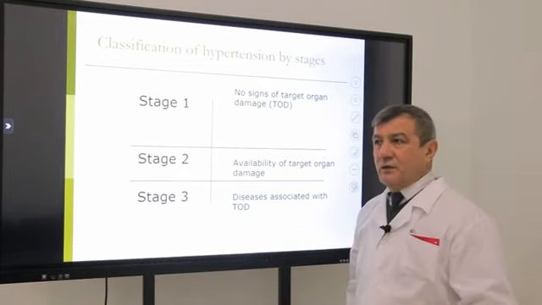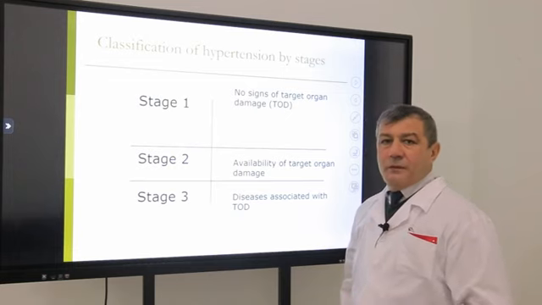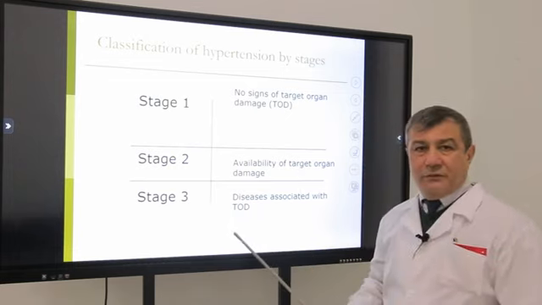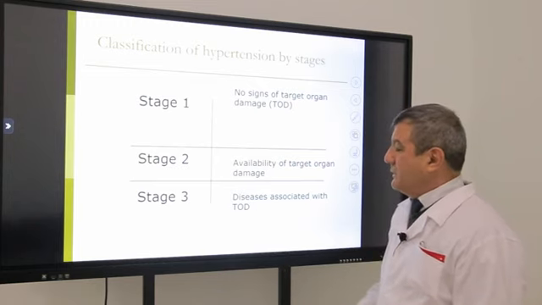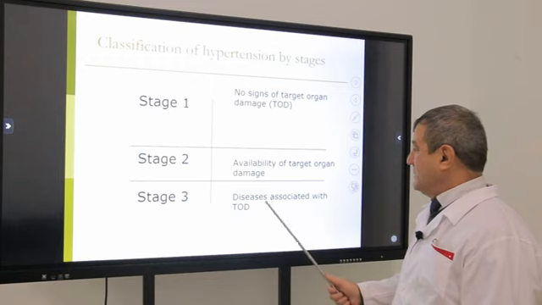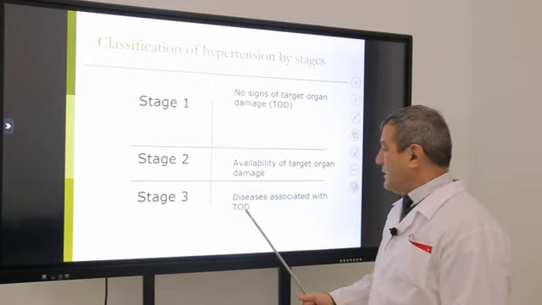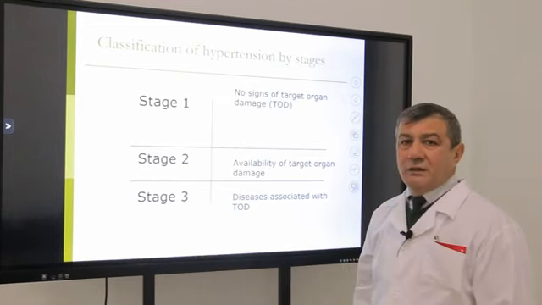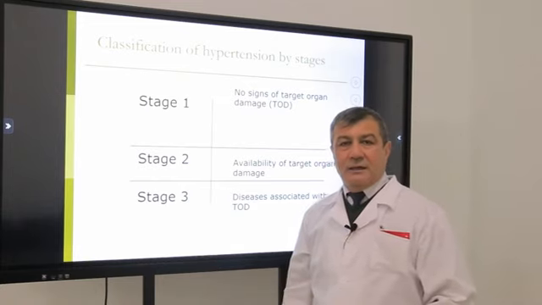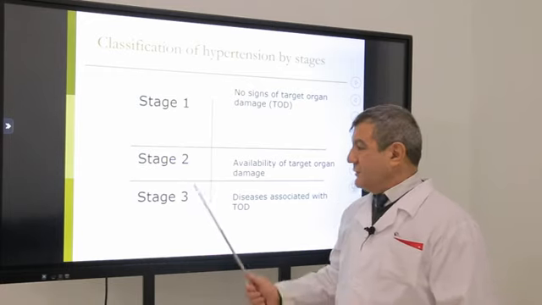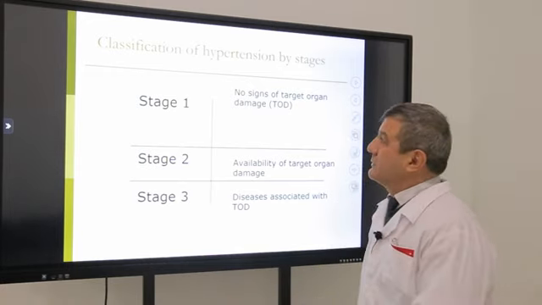For example, the patient has hypertension, first degree or maybe second degree, and the patient can have hypertrophy of the left ventricle. Third, stage 3, disease associated with target organ damage. For example, if the patient has hypertension and stable angina, it is the third stage.